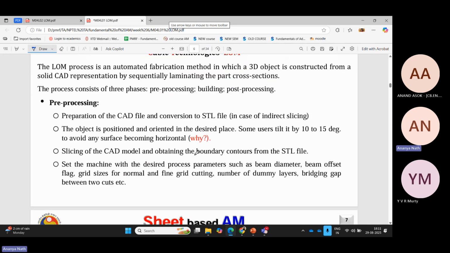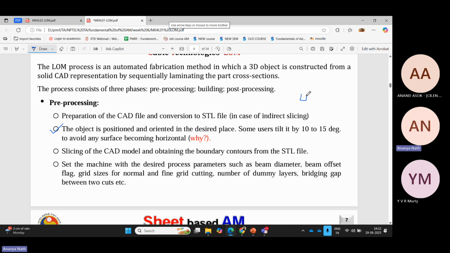CAD file preparation and everything is done. The object is positioned and oriented in a desired place, which is true for all the cases. But here we purposefully place the object tilted 10-15 degrees with the horizontal.